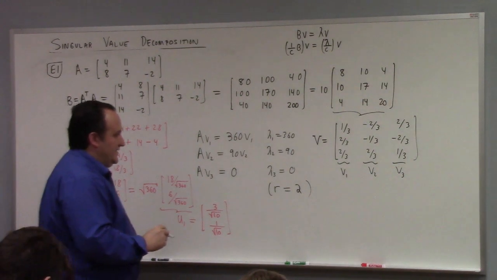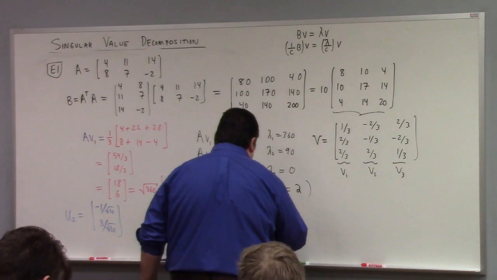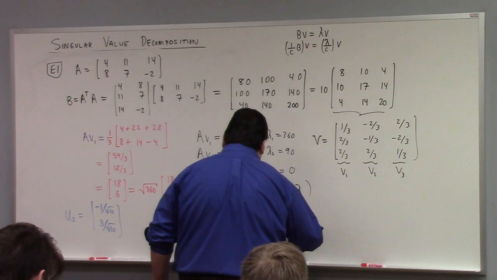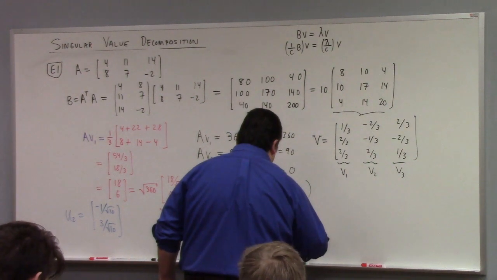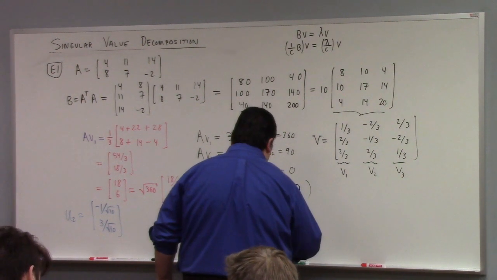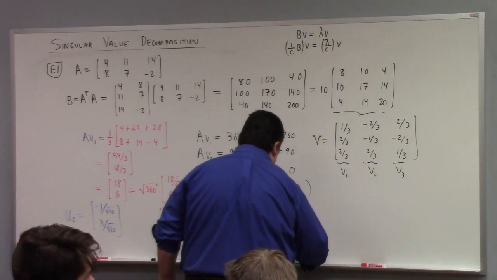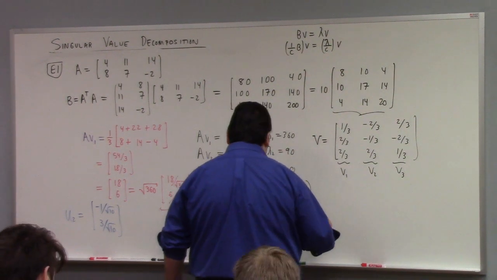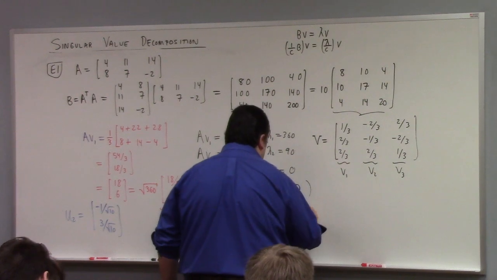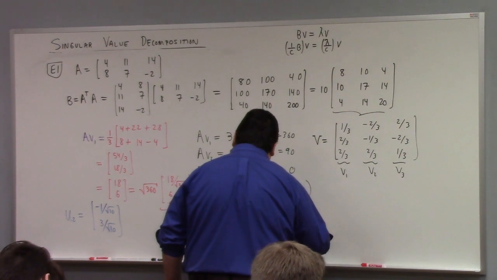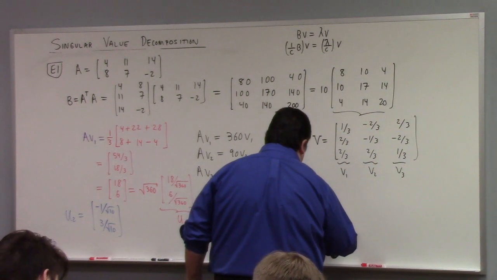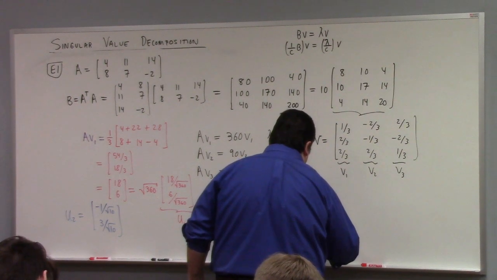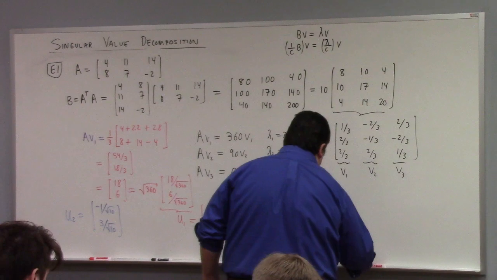And so the SVD here is A equal to minus 1 over root 10, 3 over root 10. I do a 3 and a minus 1 for the first column. U1 goes in the first one, and then minus 1 over root 10, 3 over root 10.